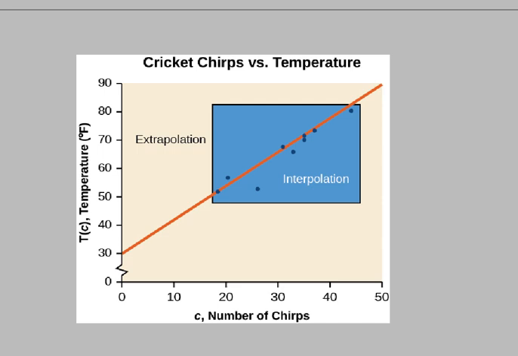Making predictions inside of my data, between the points, is called interpolation, and we think of this as inside our data. This means our model is strong. It's supported by a lot of pieces of data. We have a good idea of what's happening.